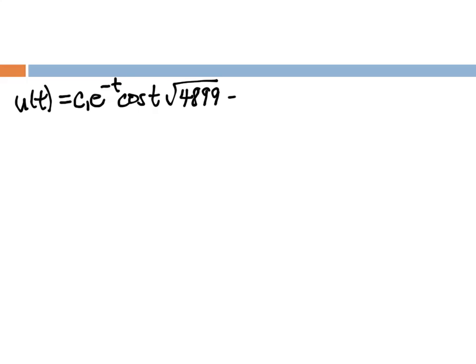U of t equals C1 e to the negative t cosine t square root 4,899 plus C2 e to the negative t sine t square root 4,899 plus A. What was A?